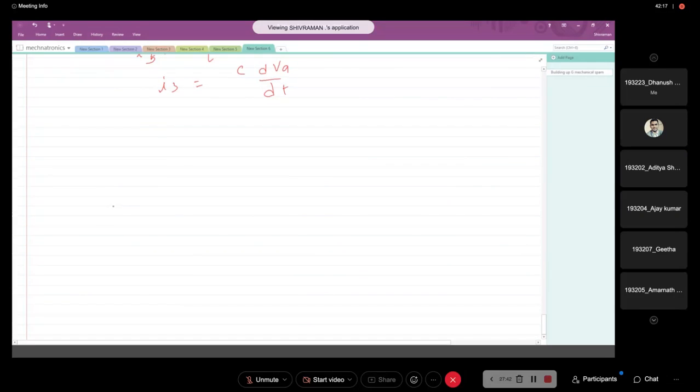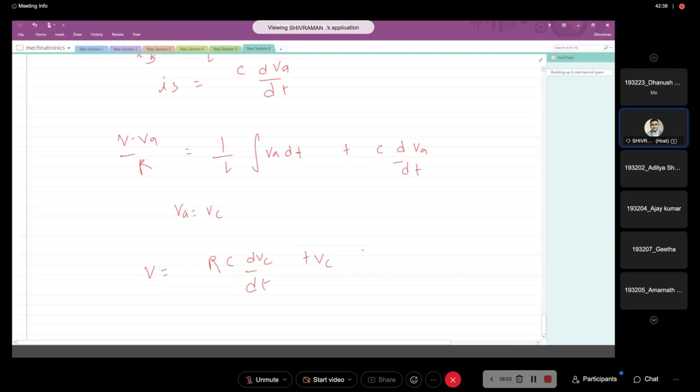Now you can combine this equation: (V minus VA) upon R is equal to 1 by L integral plus C dVA by dt. So this VA can be replaced by VC. Okay. So your V will come as RC dVC by dt plus R by L integral of VC dt plus VC.